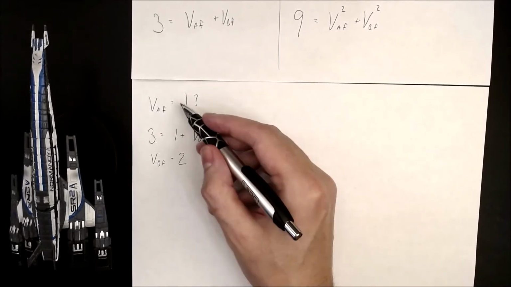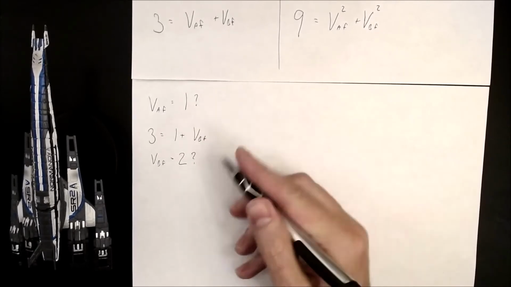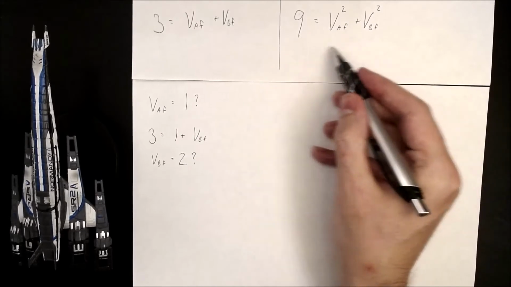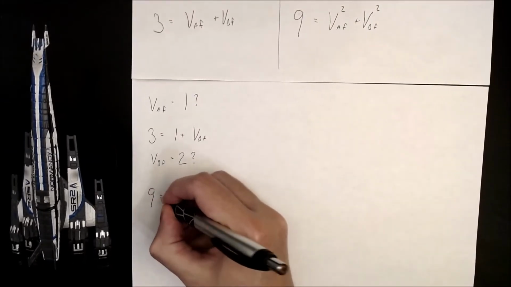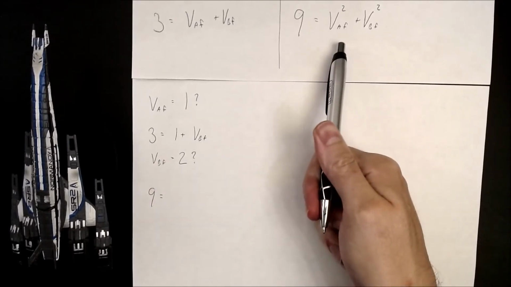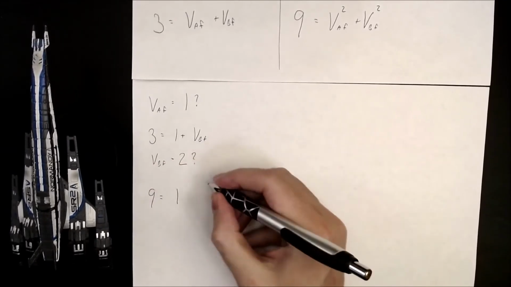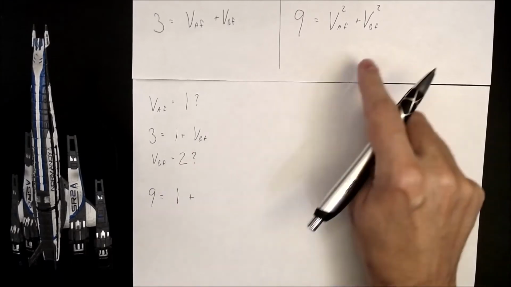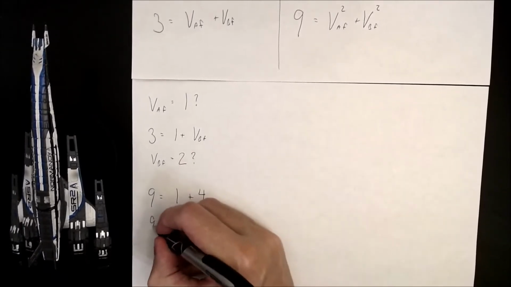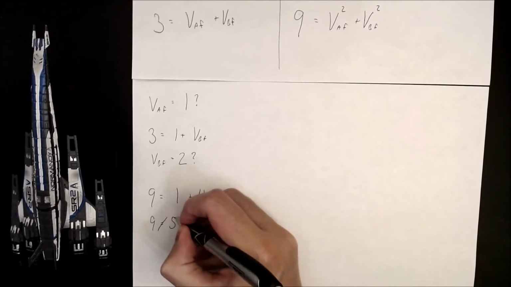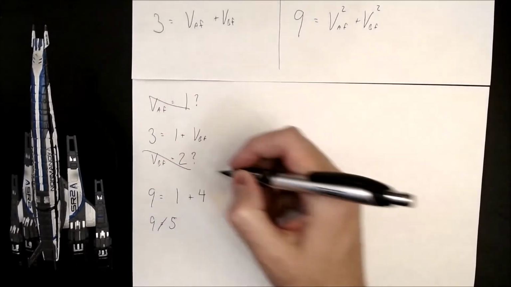Okay, let's plug the values we guessed into this equation. That's going to get us 9 is equal to v_A final, if that's 1, then this is still 1, plus v_B final, if it's 2, that's going to be 4. Oh, well, this isn't going to work because 9 does not equal 5, so it's definitely not 1 or 2.